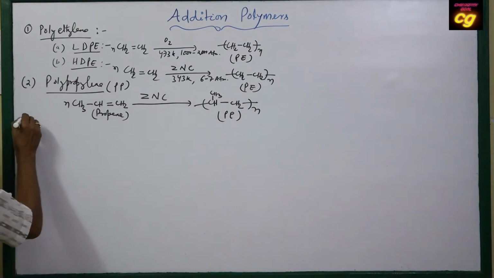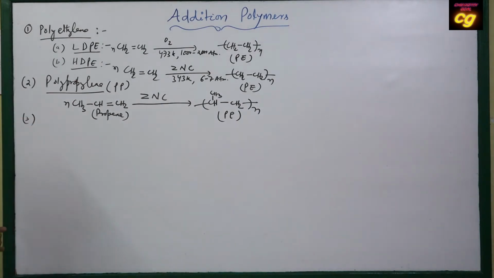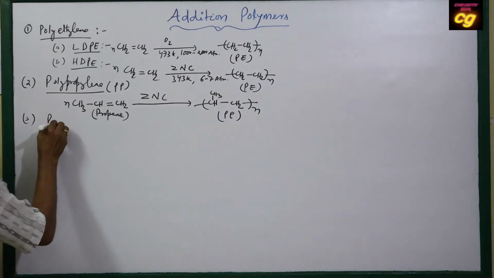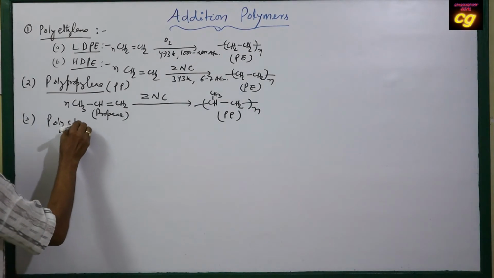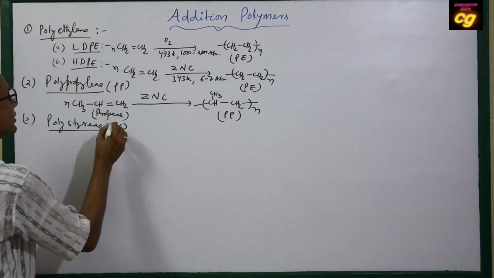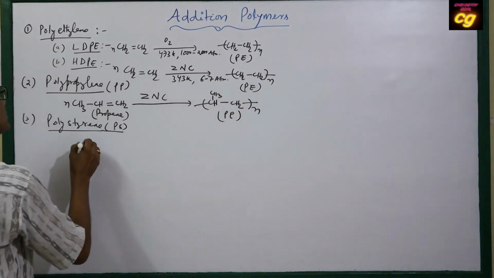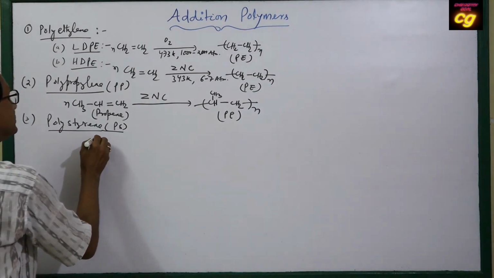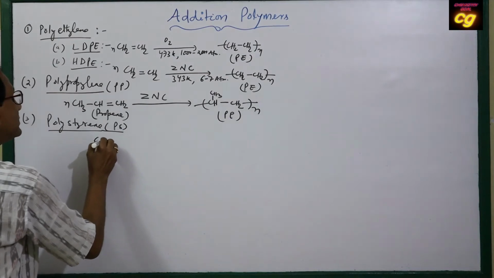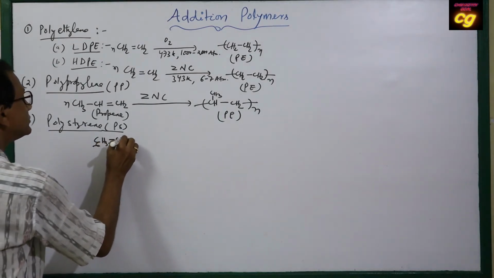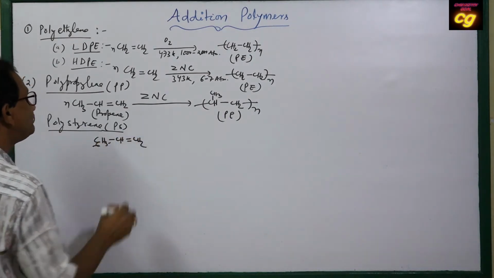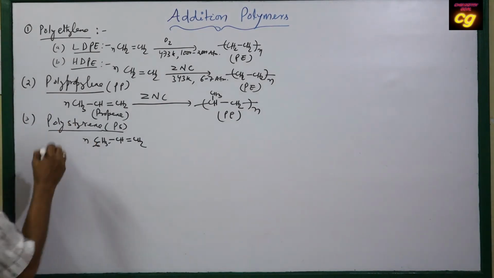Then another important polymer is polystyrene, short form PS. Here the monomer is C6H5CH=CH2, N number of styrene.